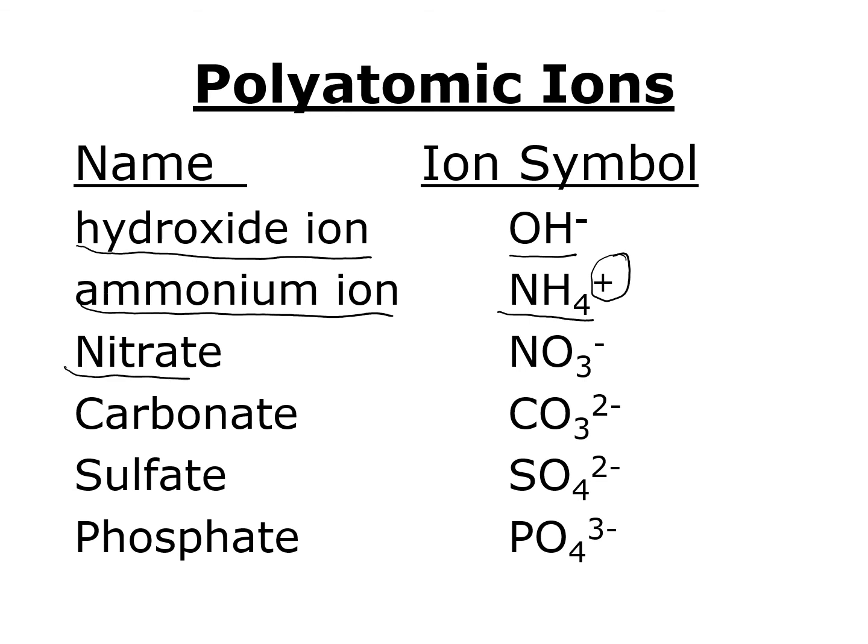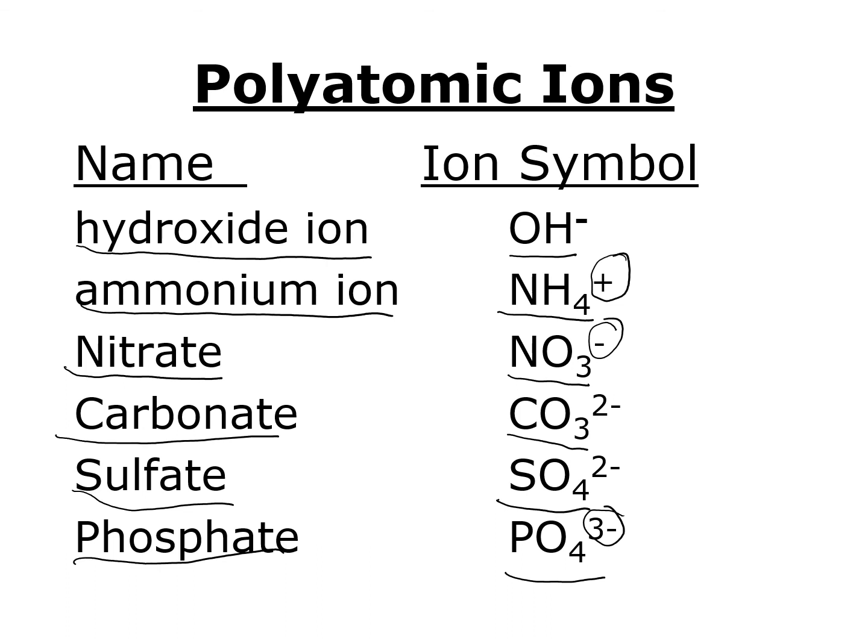Next we have nitrate, which is NO3-. We have carbonate, CO3 2-, sulfate, SO4 2-, and phosphate, PO4 3-. So you do need to remember those ion symbols. You need to know the correct charges for the superscripts, and remember the subscripts that tell you how many oxygens or hydrogens you have.